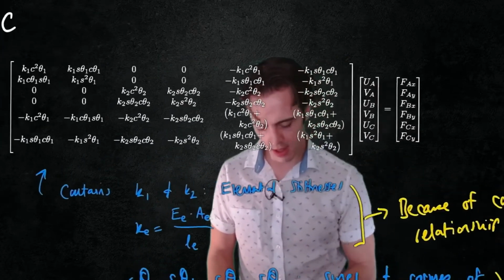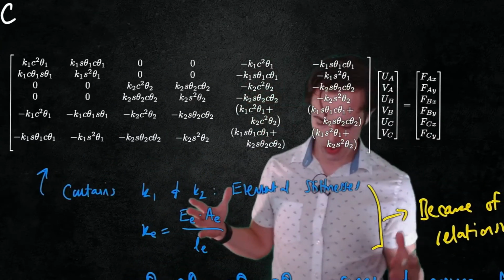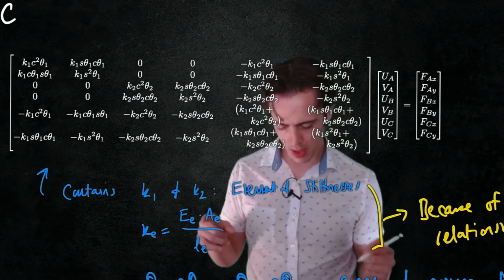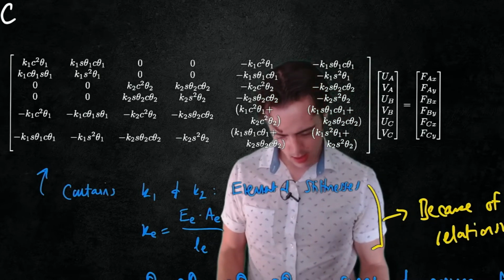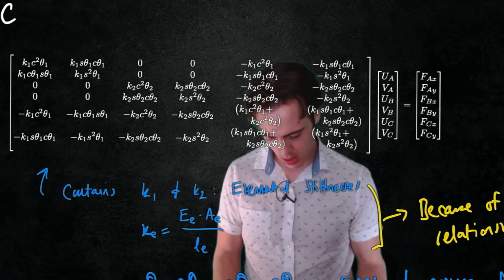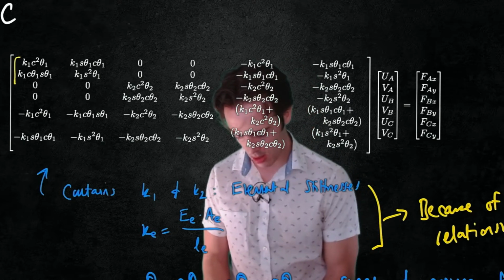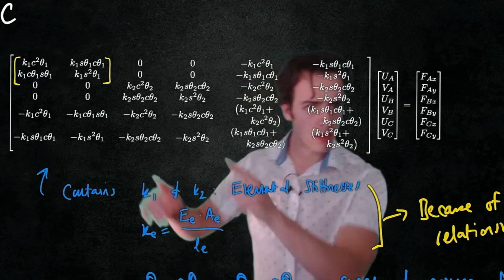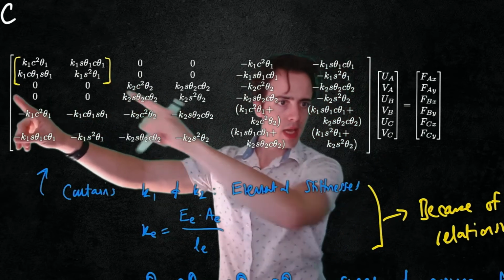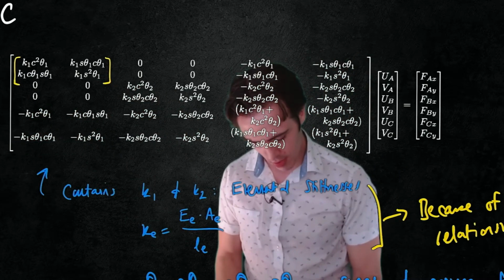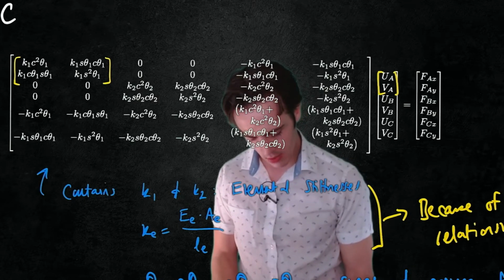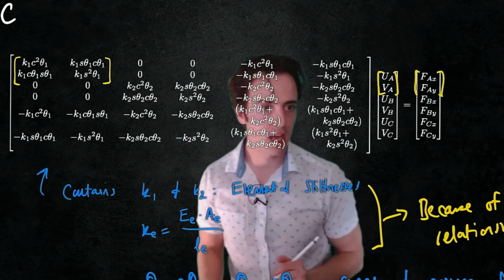And if we look further in this matrix as well, we can sort of get a bit of logic and see what's going on. So let's have a look at these terms here. Okay, so these upper left-hand terms relate UA and VA to FA and FA.